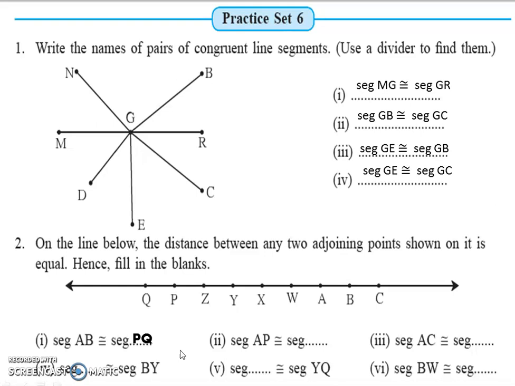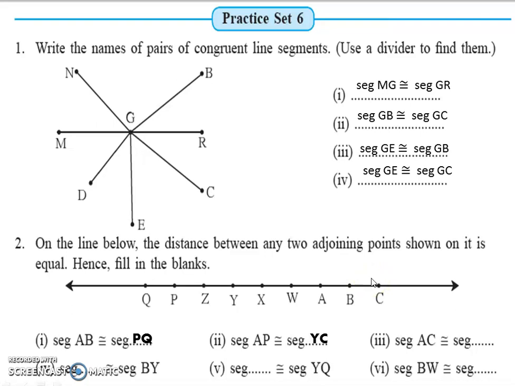Second, segment AP congruent to segment dash. Now, if you see segment AP, it measures 5 units. So, any segment that measures 5 units will be congruent to segment AP. So, our answer will be segment AP congruent to segment YC, since YC also measures 5 units.